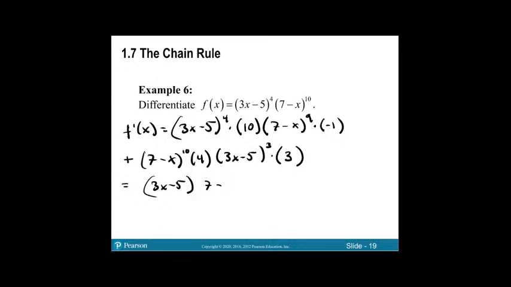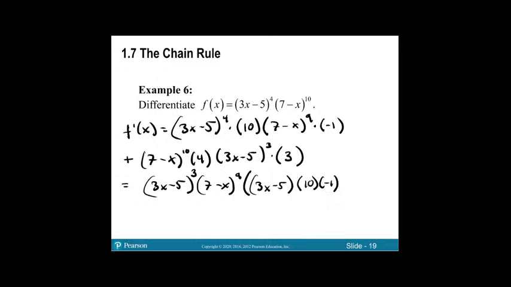Both of them have at least 3 of this guy and 9 of this guy. Now if we pull those out from both, what does that leave us with? The first one, we still have a 3x minus 5, there's still a 10 and a negative 1, right?